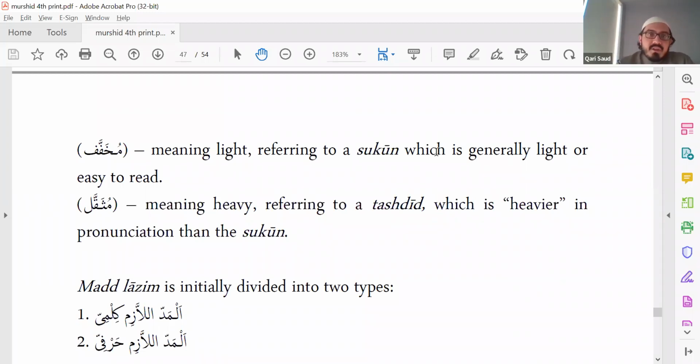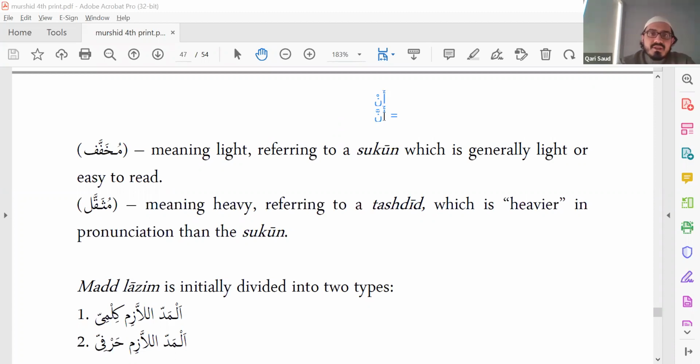But if you think about it, let me give you an example here. We have Hamza Fatha and the Noon Sukun, and Hamza Fatha Noon with a Shadda, Anna. The first one has a Noon with a Sukun, so that's mukhaffaf, An. The second one has a Shadda, Anna, so it's heavier.